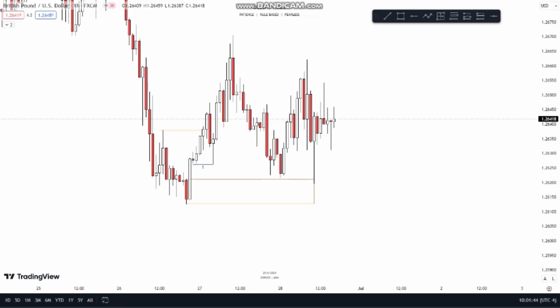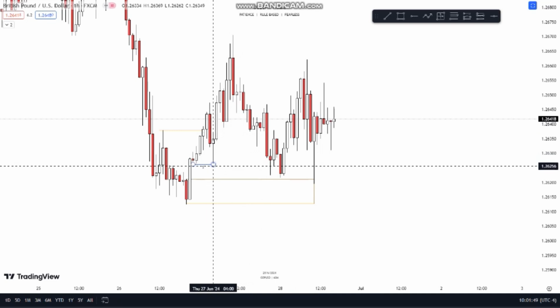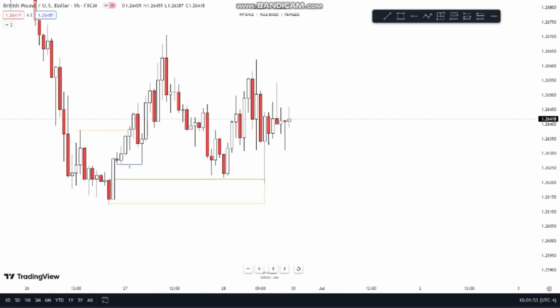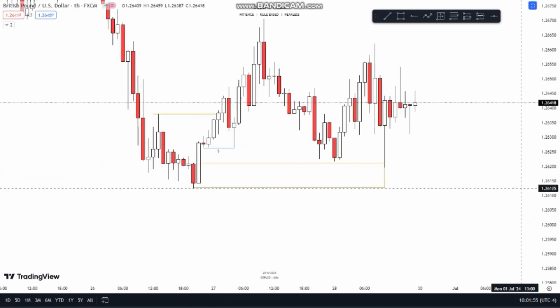So guys, here is an example of equal low liquidity, which is a double bottom. Let me increase this so that you guys can see it clearly.